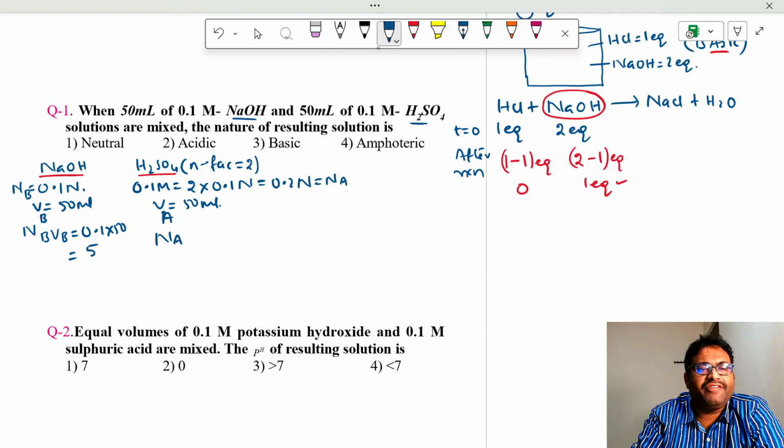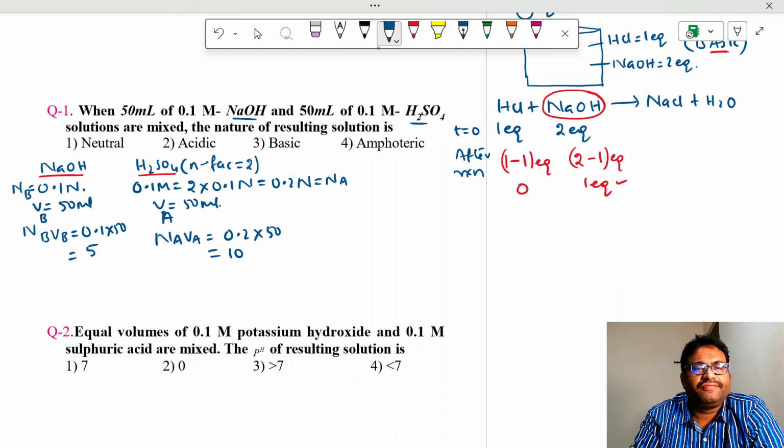NaVa is 0.2 into 50, that is equal to 10. So from the formula, what can you write? The H plus ion concentration: NaVa is greater than NbVb, so I can write it as 10 minus 5 by, okay, what will be the units? Units will be normality into ml.